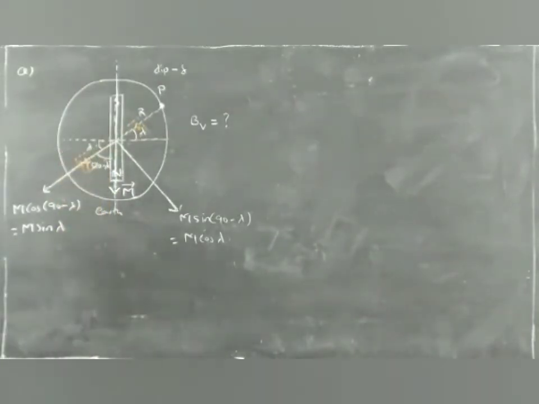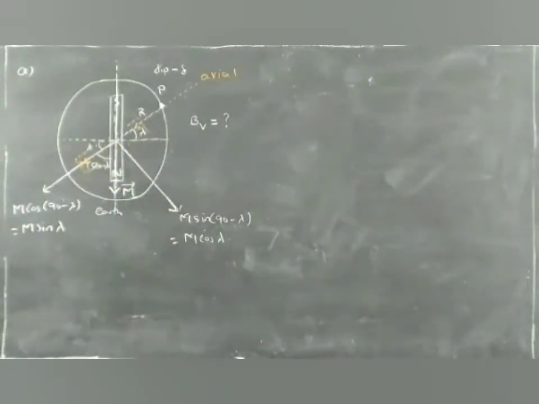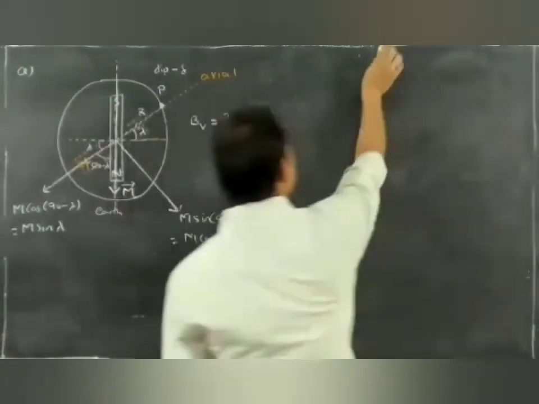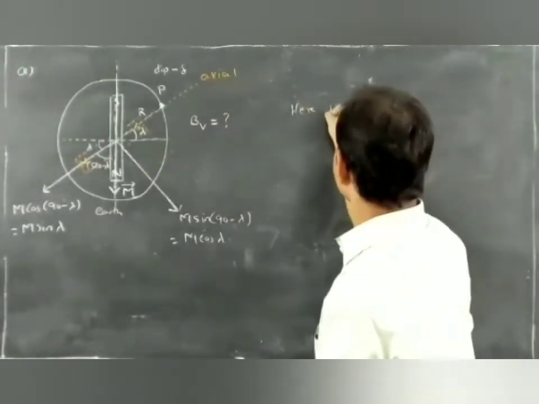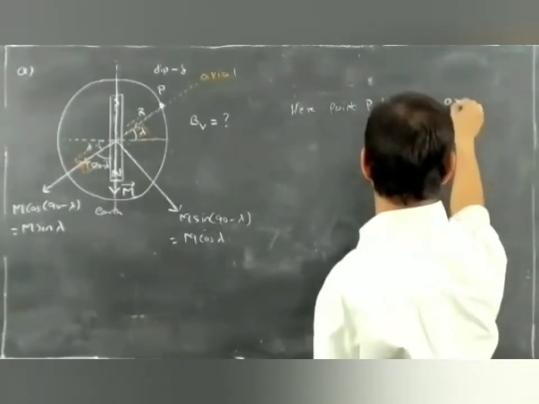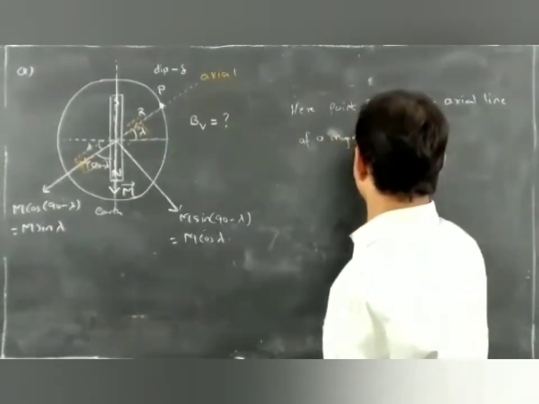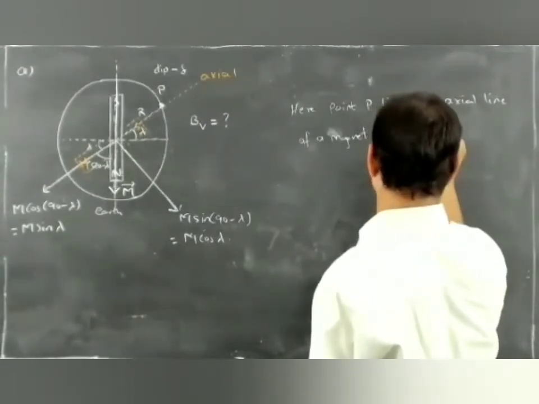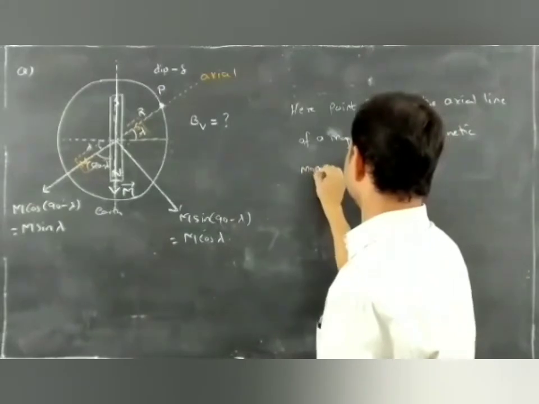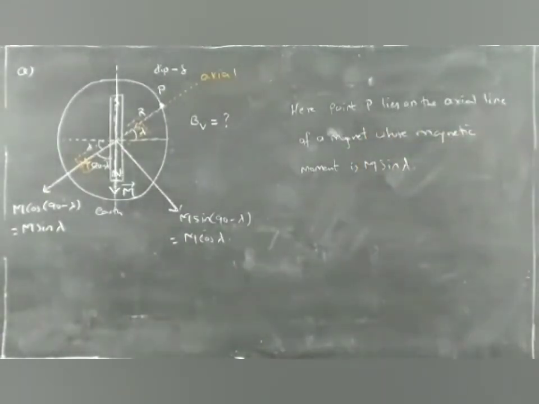This magnet has a magnetic moment M sin lambda, and this point P lies on the axial line of the magnet whose magnetic moment is M sin lambda.